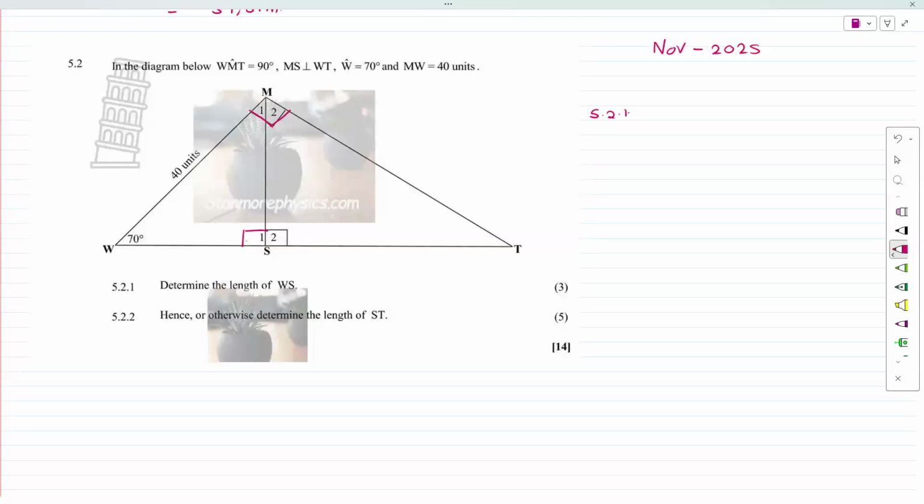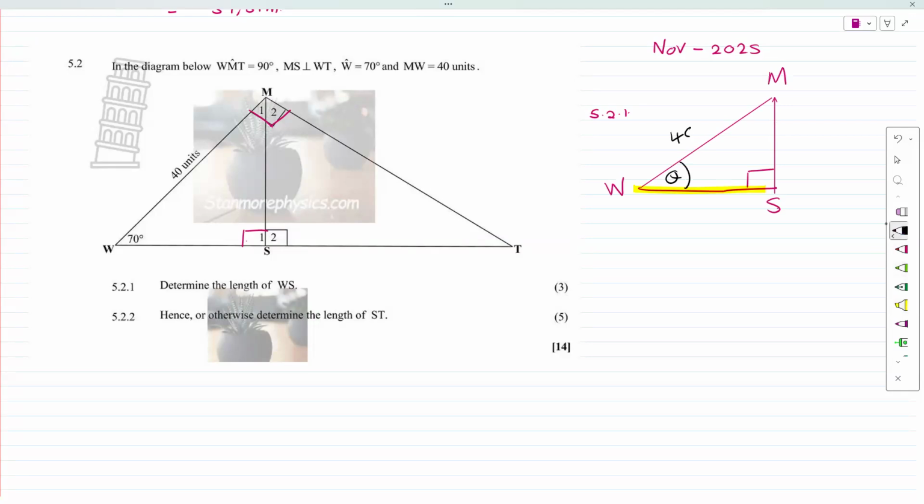So 5.2.1 says, calculate the length of MS. All I have to do is literally focus on the right-angle triangles. There's my right-angle triangle, W, M, S. That's the triangle I want to focus on because they want me to get MS. This is theta.